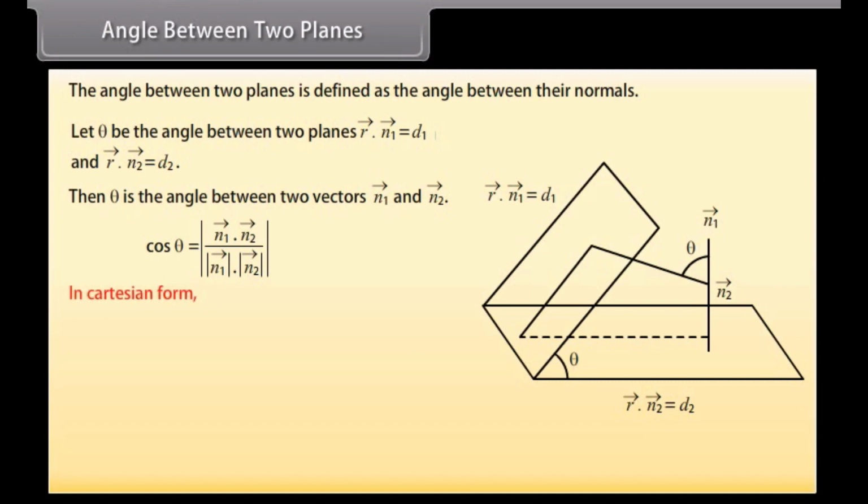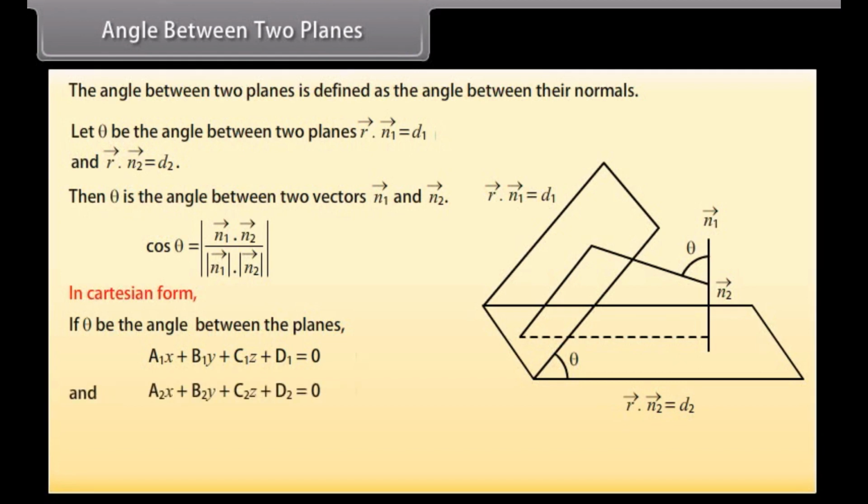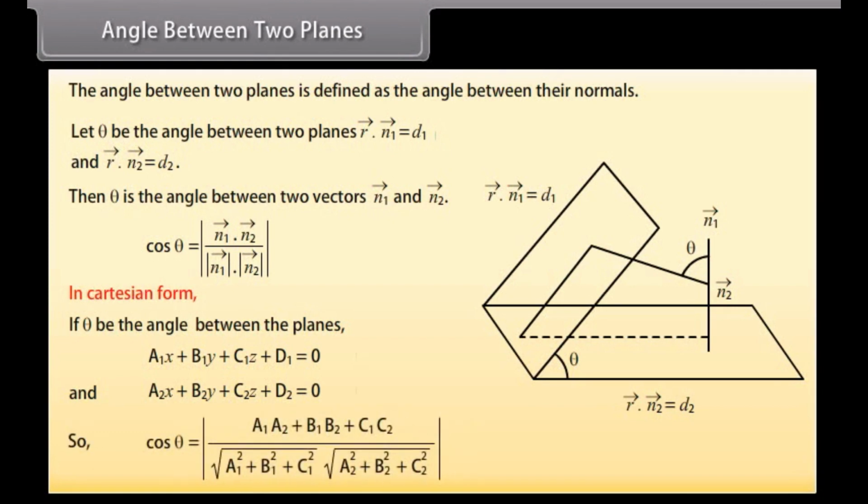In Cartesian form, if theta be the angle between two planes, a1x plus b1y plus c1z plus d1 equals 0 and a2x plus b2y plus c2z plus d2 equals 0, so cos theta equals modulus of a1 a2 plus b1 b2 plus c1 c2 divided by square root of a1 square plus b1 square plus c1 square into square root of a2 square plus b2 square plus c2 square.